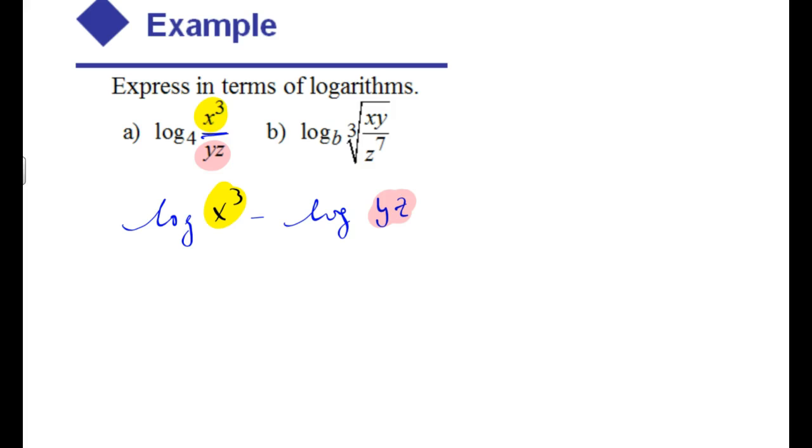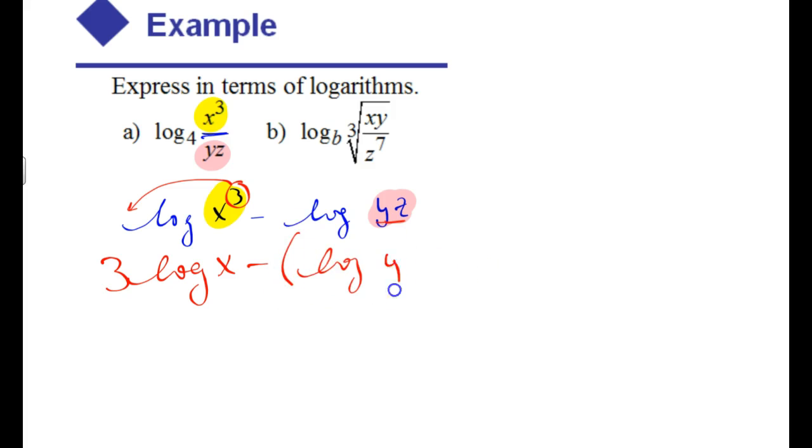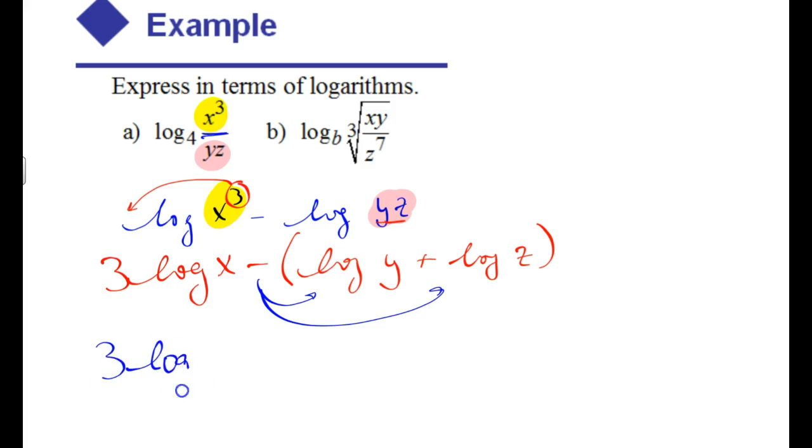But I can simplify this some more because I can use the third property and dump this out front. So it's 3 times the log of x. And then this is the product rule. So this is really minus the log of y plus the log of z. And if I distribute that throughout, I get a final answer, log x minus log y minus log z.